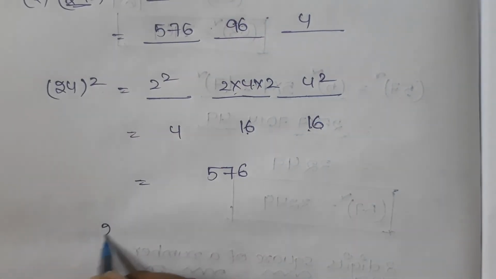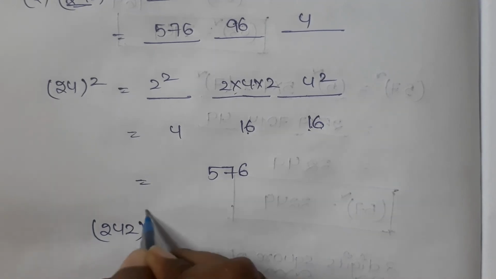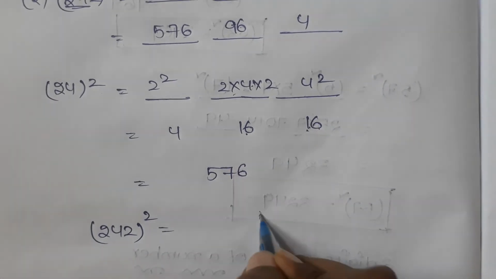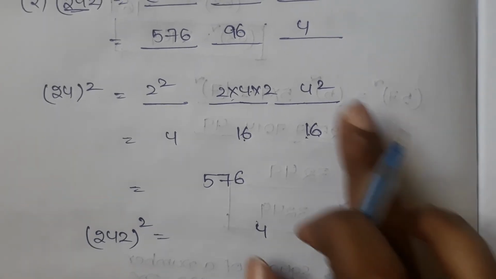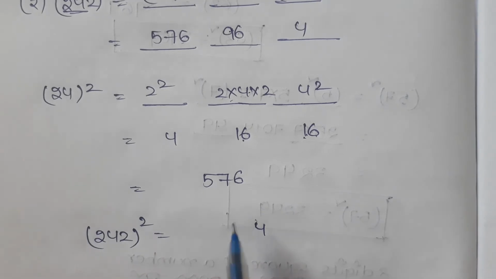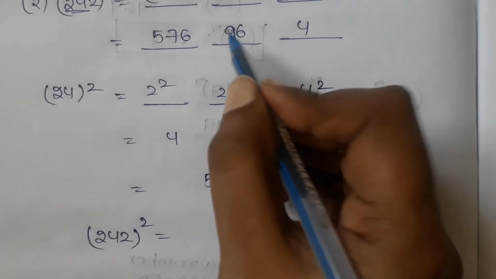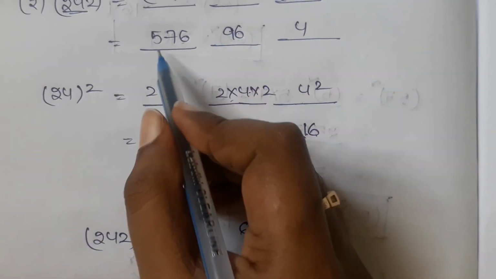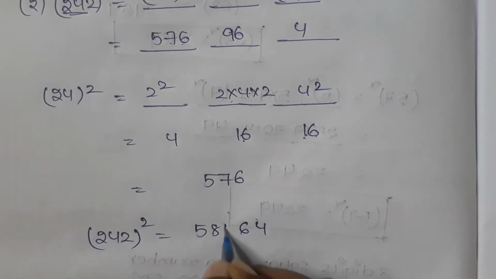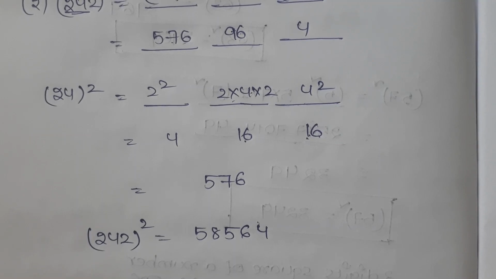And from the above, for 242 whole square, 4 to be written here, and from this 96 only 6 to be written, and this 9 is carry forward. 576 plus 9, 585.